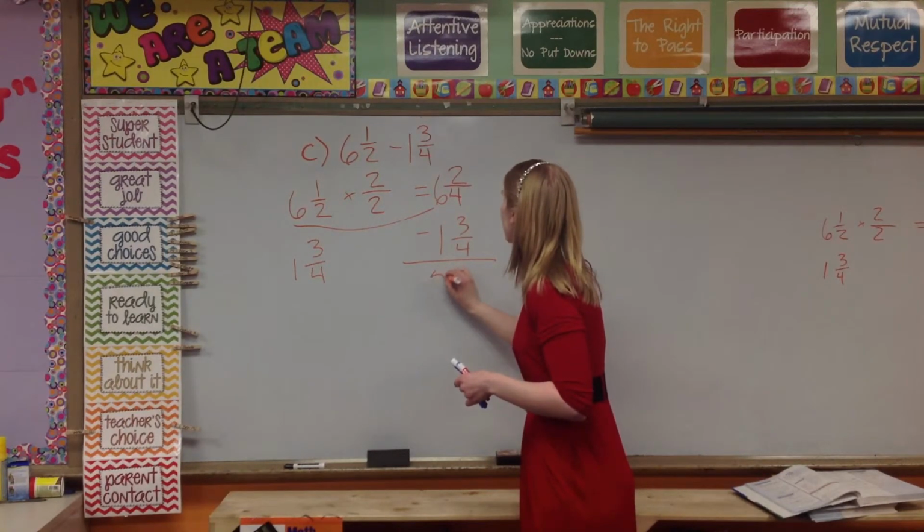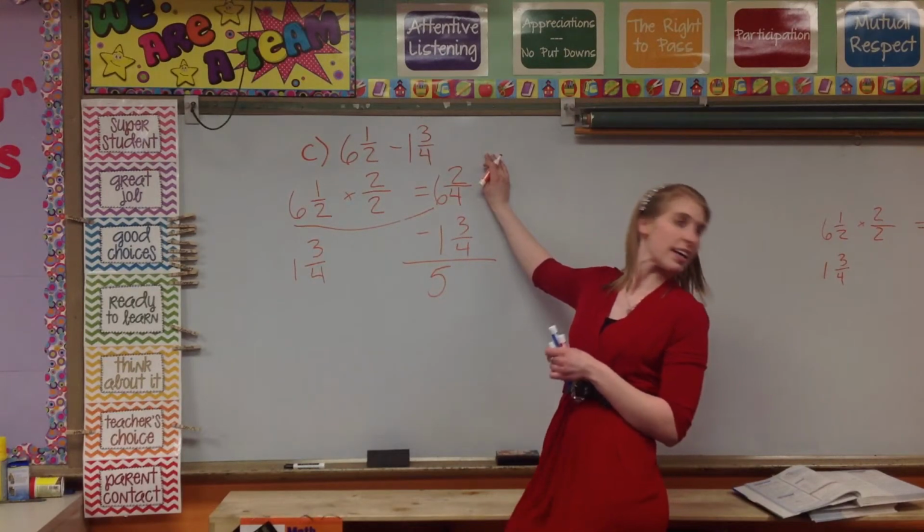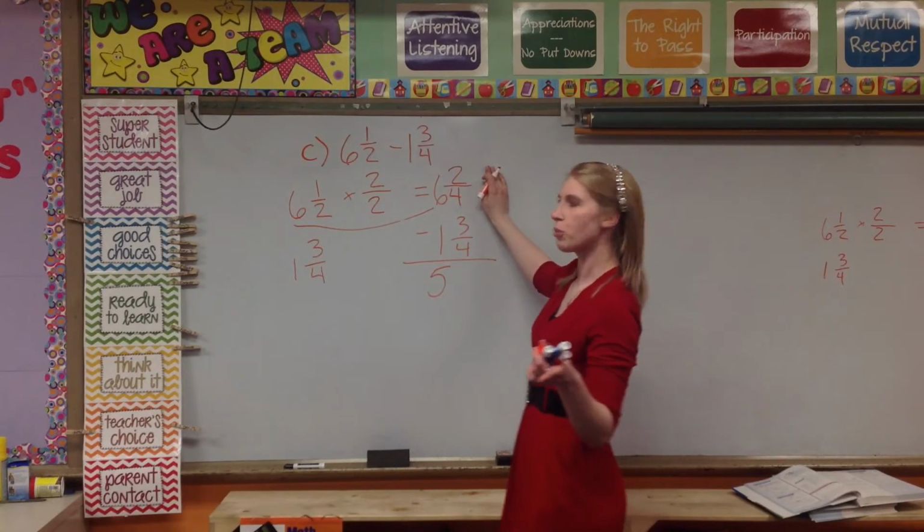6 minus 1 is 5, but 2/4, and I can't subtract 2/4 minus 3/4. So again, this is where I have to regroup.